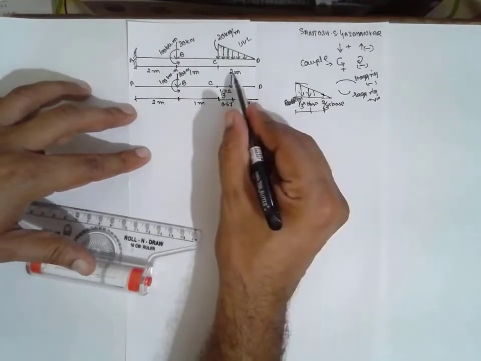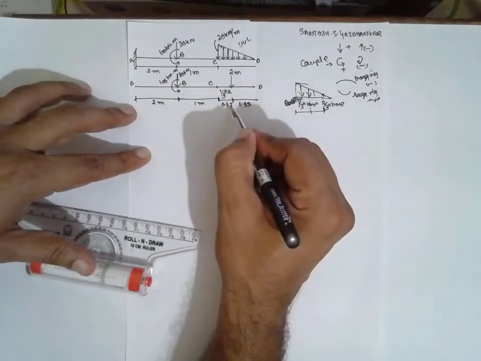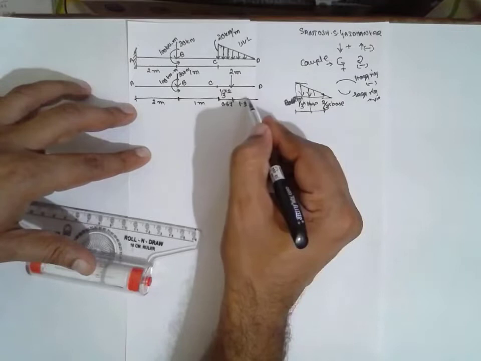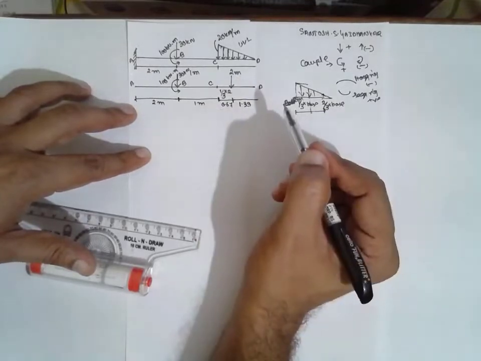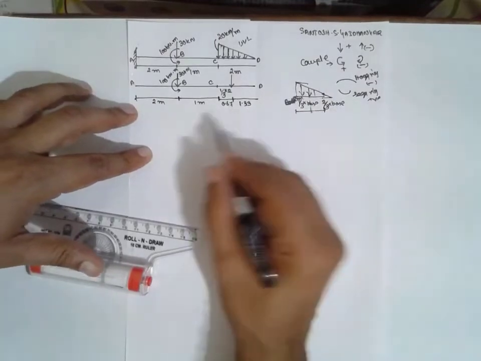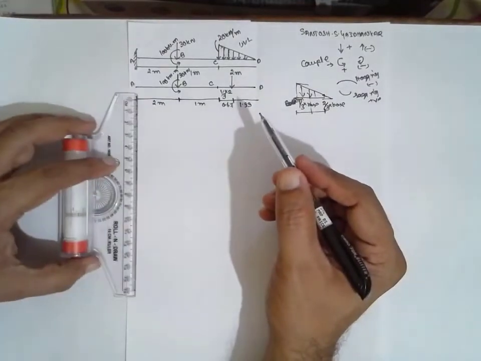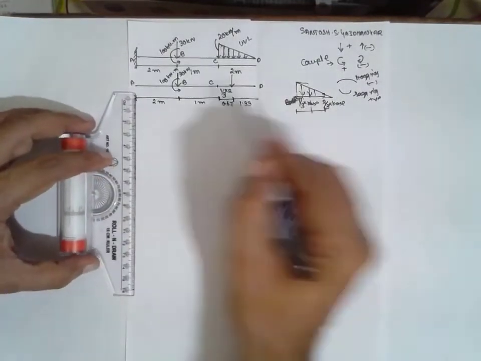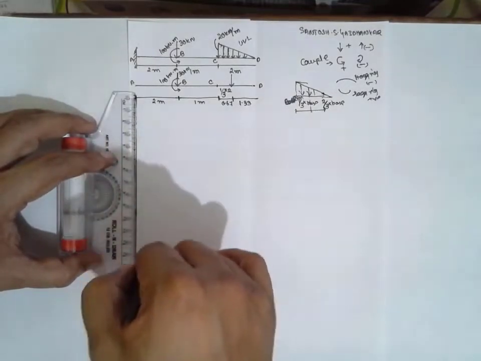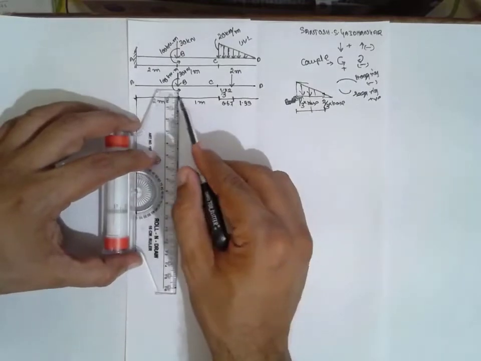Just deduct 2 minus 0.67, you will get 1.33, or 2/3 into 2, you will get 1.33. Now just draw the lines for the construction of the shear force and bending moment diagram.